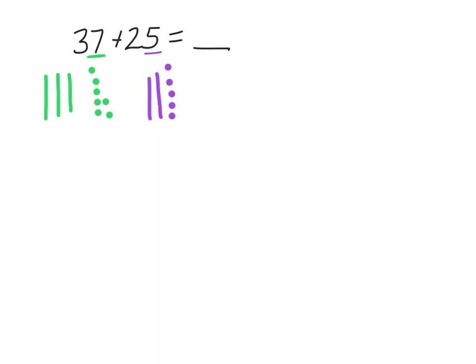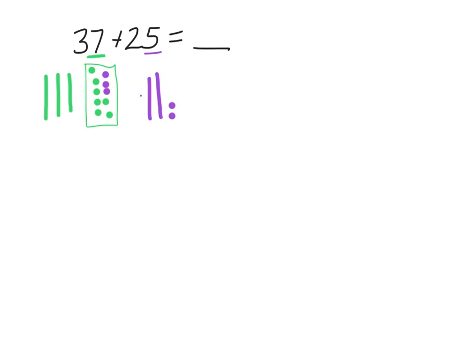Recall your 10's facts. 7 plus 3 would make 10. So let's go ahead and take 3 from the 5 in 25 and move it over to the 7 in order to make it a 10. Now, 7 has become a 10.